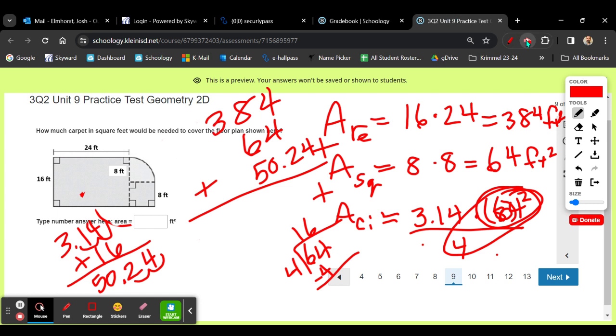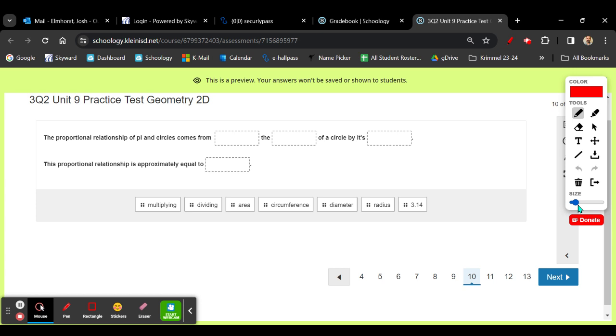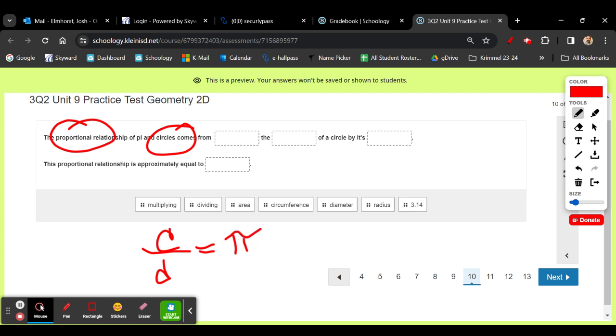All right, this is a concept question. So the proportional relationship of pi and circles comes from the circumference divided by the diameter equals pi. So we use it as circumference is equal to pi times diameter.